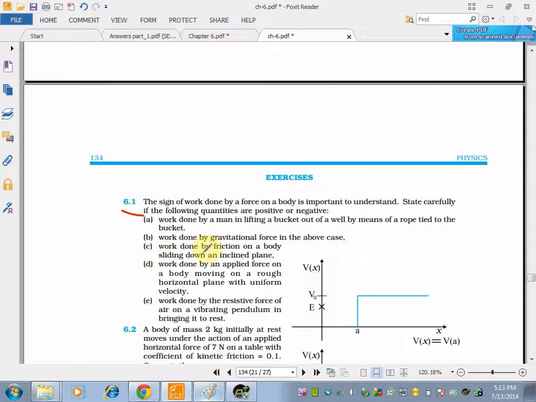For the third part, work done by friction on a body sliding down an inclined plane.